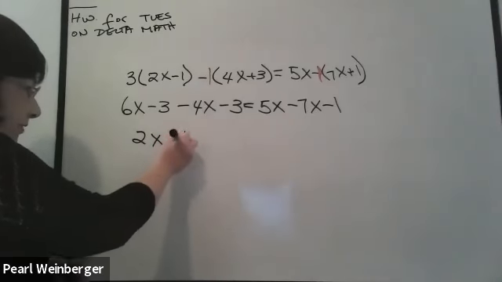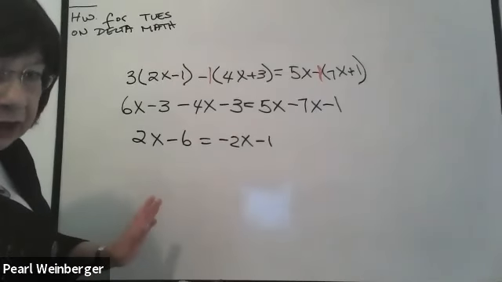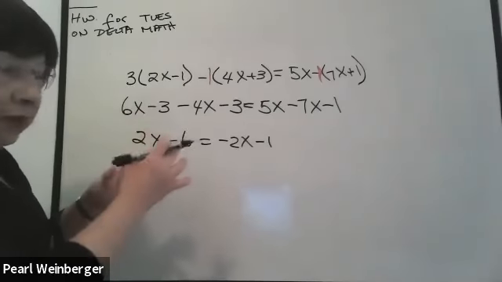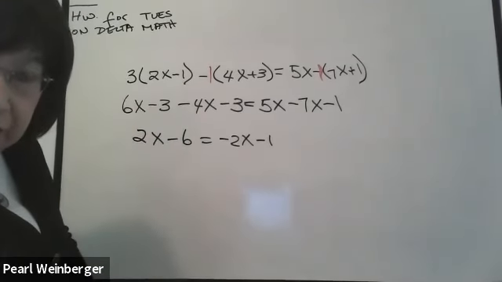The negative 3 and negative 3 should get negative 6, equal to. Okay, now we're going to that other side, negative 2x minus 1. Okay, does anybody have a question at this stage? This is where you really have to be careful combining those like terms and making sure what the like terms are. She did it perfectly.